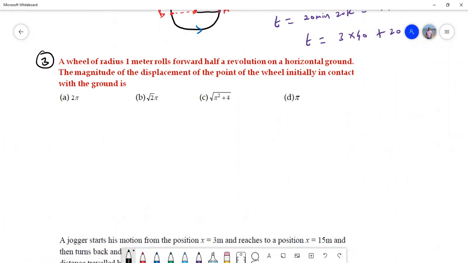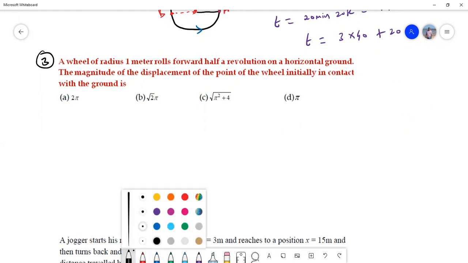A wheel of radius 1 meter rolls forward half a revolution on a horizontal ground. The magnitude of the displacement of the point of the wheel initially in contact with the ground is? Now let us draw a diagram.